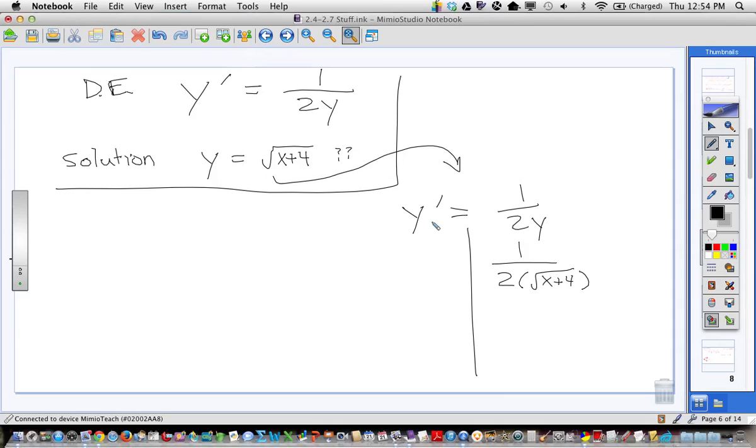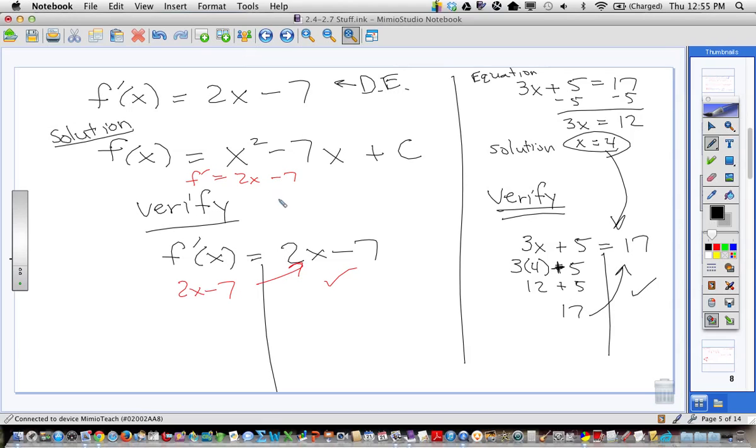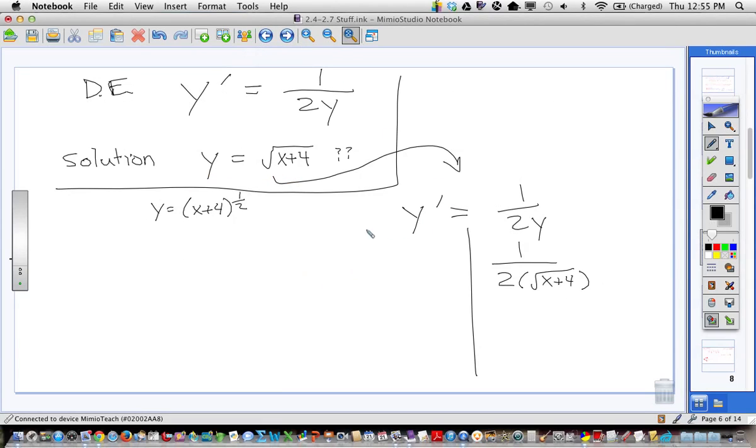Let's do the derivative of that solution, right? So we need to do the derivative of this solution. So if y is going to be x plus 4 to the 1/2 power, that's how we better write it. So doing this verify, notice on the last one I did, when I did the verify in red here, I had to do the derivative. So doing this verify always involves doing a derivative.